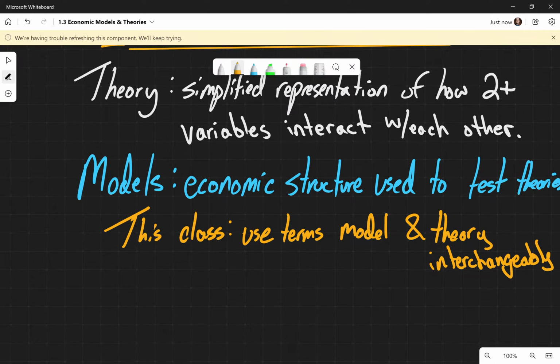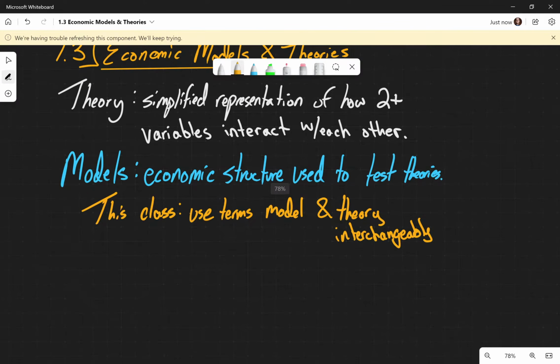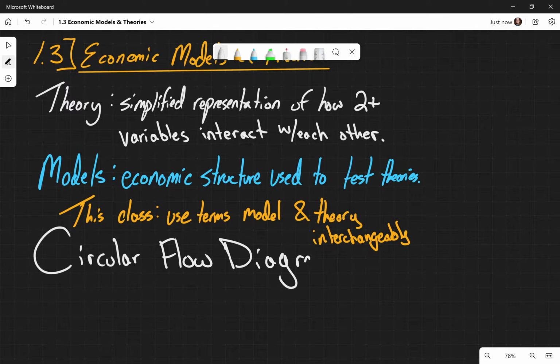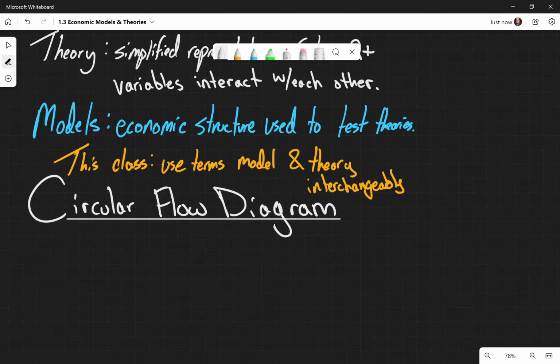The first model that we're going to be learning is called the circular flow diagram. This is a very simple model. This is not a model that we're going to really revisit very much in this class, but this is a model that shows you how households and firms interact with each other.